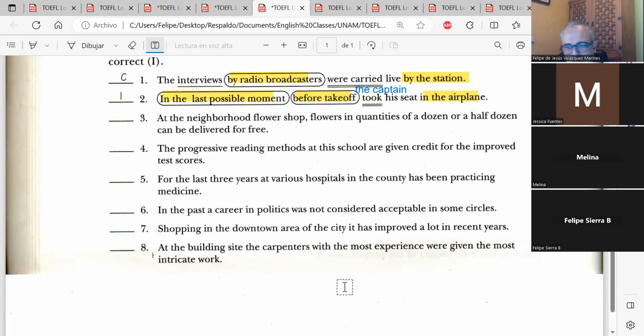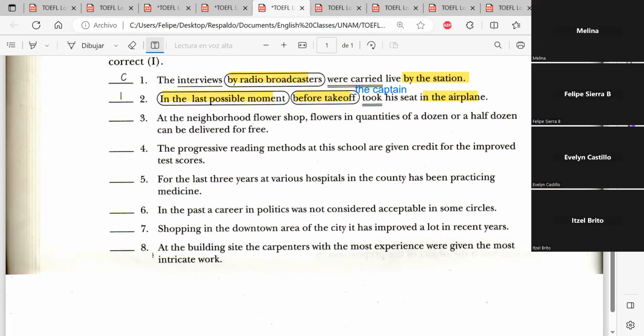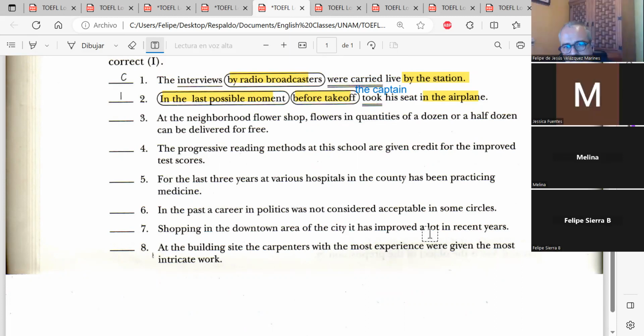Melina, number 3. At the neighborhood flower shop, flowers in quantities of a dozen or half a dozen can be delivered for free. It's correct. Yes, okay. The prepositional phrases are at the neighborhood flower shop, in quantities of a dozen or half a dozen.